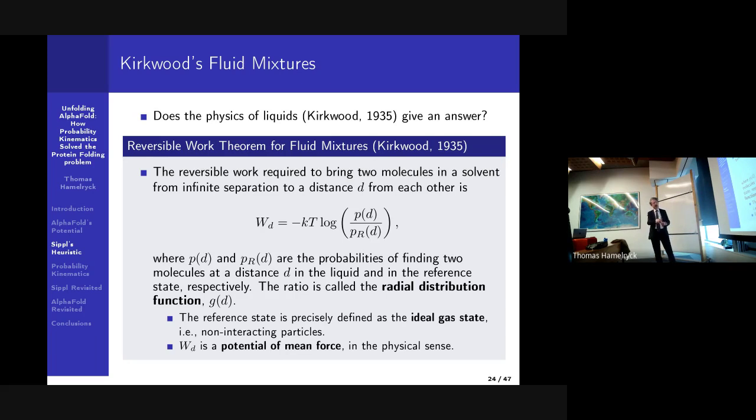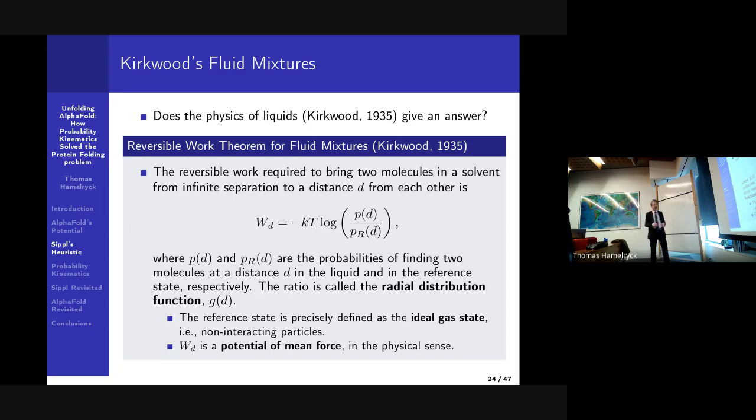And this ratio is called the radial distribution function, g(d). This ratio of these two probabilities can actually be experimentally observed using X-ray scattering. And this is called a potential of mean force. This is derived from physical principles, a very precise quantity. There is nothing controversial about it. It's extremely well defined and commonly used in the physics of liquids.